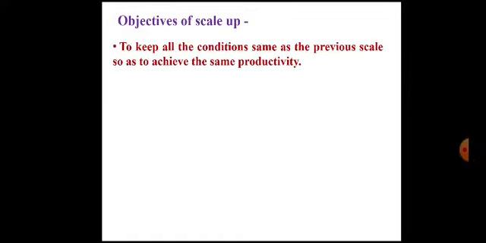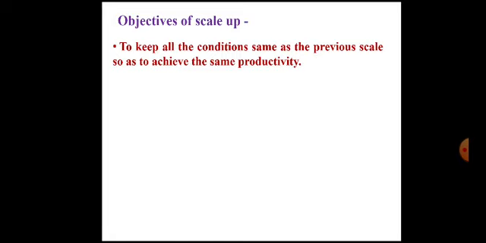So the objectives of scale up. The objectives of scale up are listed here. First one is to keep all the conditions same as the previous scale so as to achieve the same productivity. Because at small scale, we adjust all the parameters in order to get the highest production of microbial metabolite.